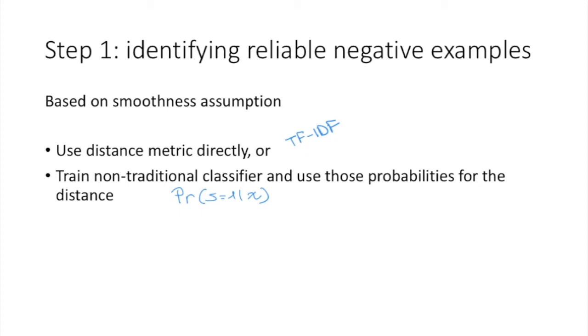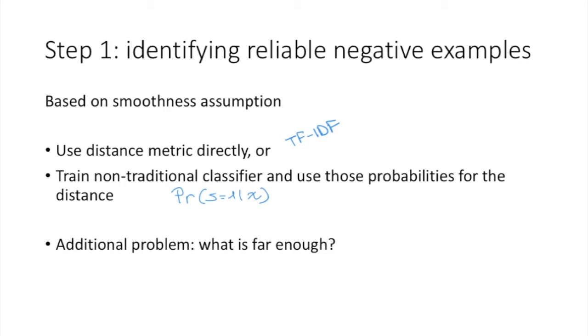So the idea here is that any example that has a very low probability to be labeled is probably negative, because that's a reason for having a low probability to be labeled. One additional problem is the question how far or how dissimilar is dissimilar enough to decide that something is reliably negative.